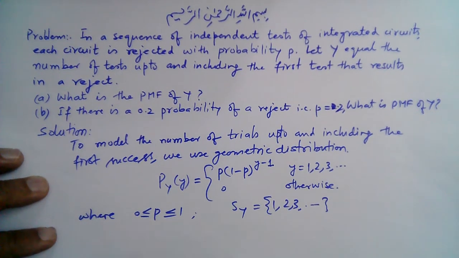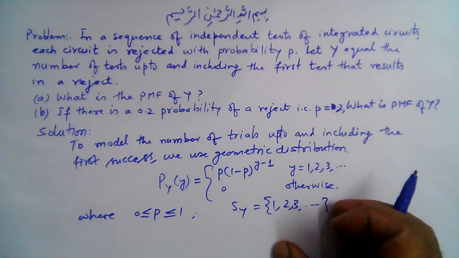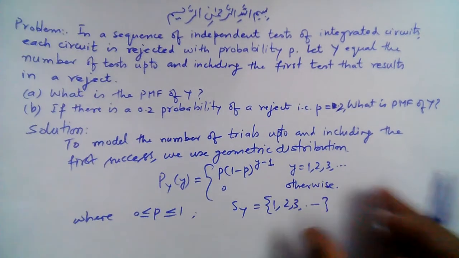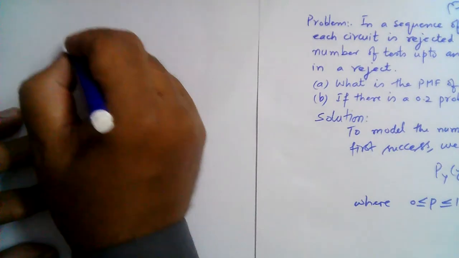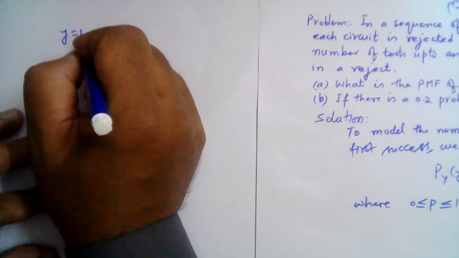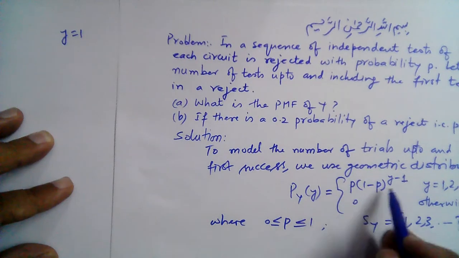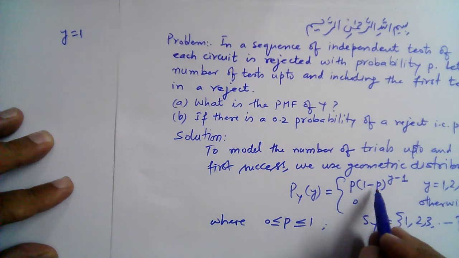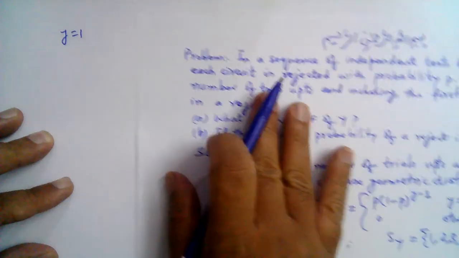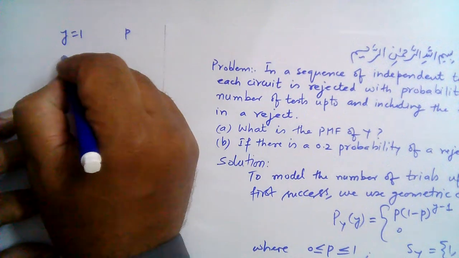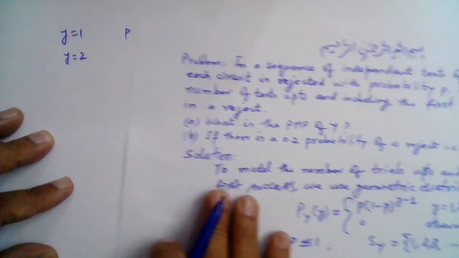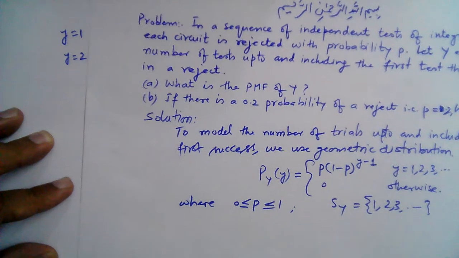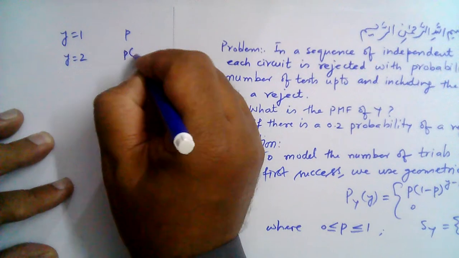If we put in the values of y, 1, 2, 3, let's see what happens. If y is 1, then y minus 1 is 0, so this term becomes 1, and we are left with only P, right? And when y is equal to 2, we get P into (1 minus P).